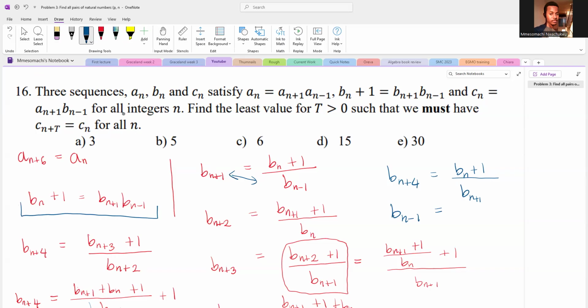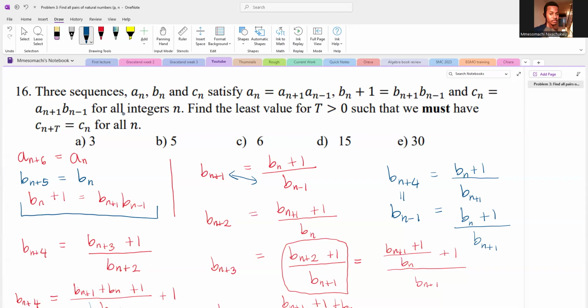Bn minus 1 is equal to bn plus 1 divided by bn plus 1. Okay, so we have bn plus 4 is equals to bn minus 1. Okay, and if we do plus 1 shift, we have bn plus 5 is equal to bn. Okay, so we can see that the period for sequence B is 5 and the period for sequence A is 6.